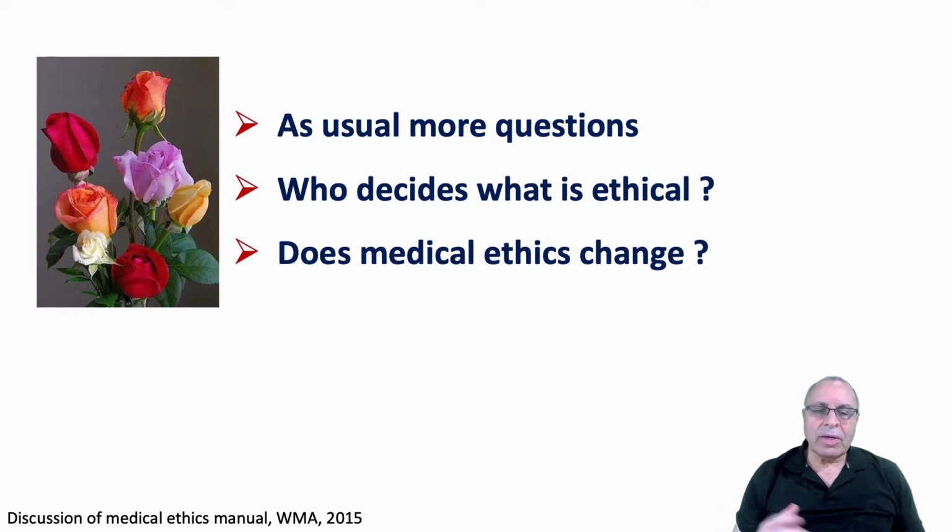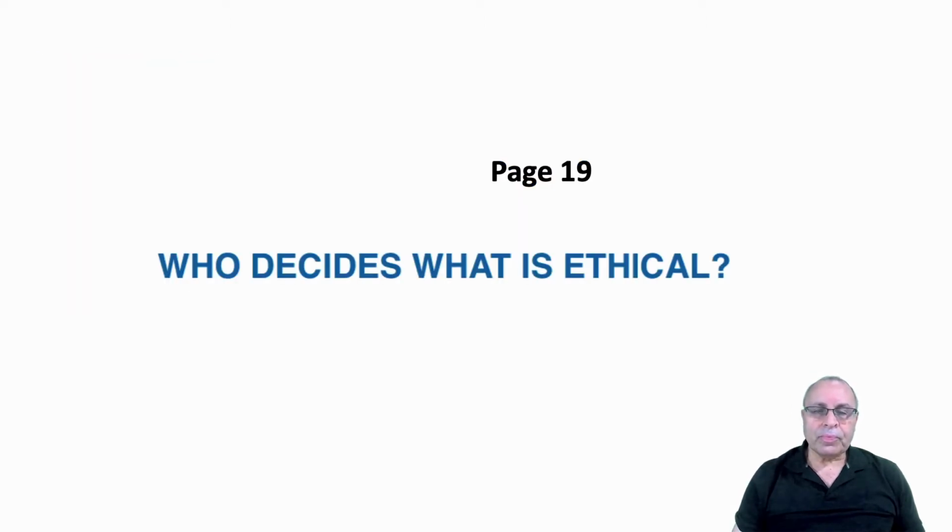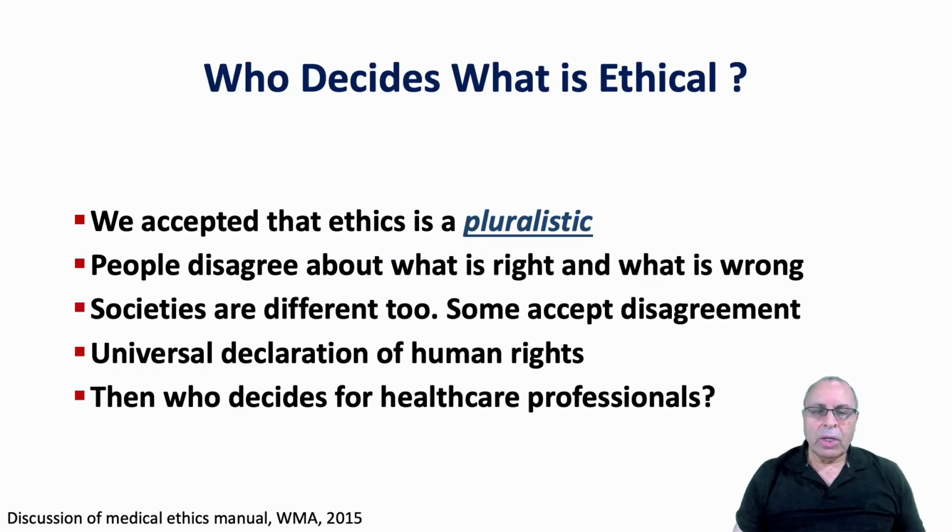Also, does medical ethics change? Also a very reasonable question. The lesson today starts at page 19, again from the WMA Medical Ethics Manual. On page 19 you'll find this question: who decides what is ethical?